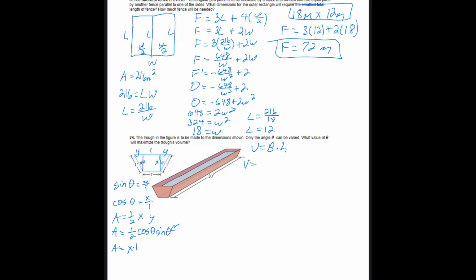And I know there are two of those, and then I know the area in the middle is going to be X times 1. And I know there are two of these areas, and there's one of these.